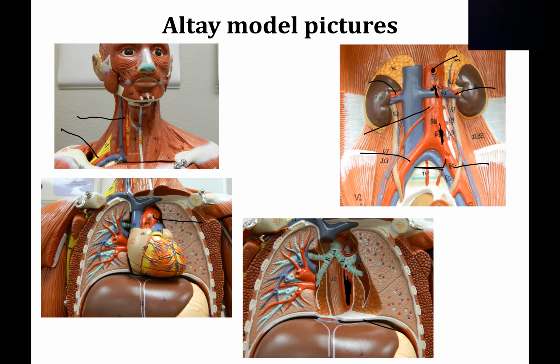This would be the internal iliac artery. No, not that one. This one would be the internal iliac, and this would be the external iliac artery. Internal, external iliac artery.